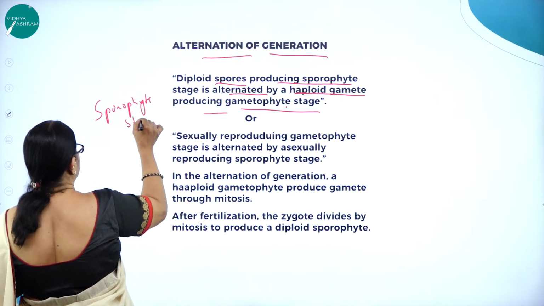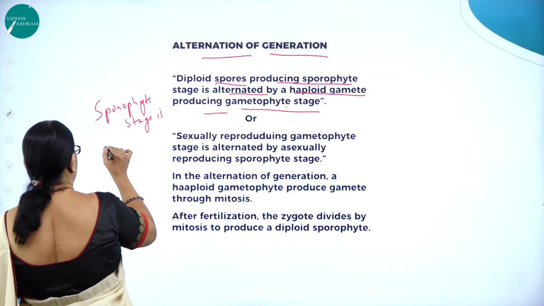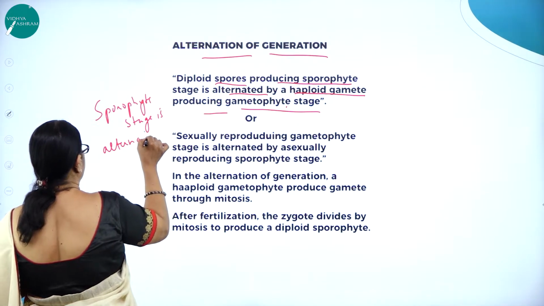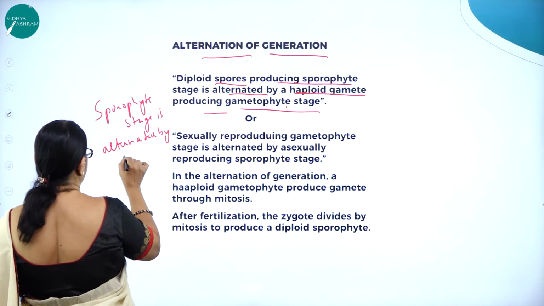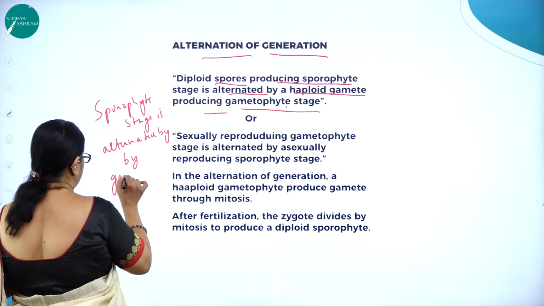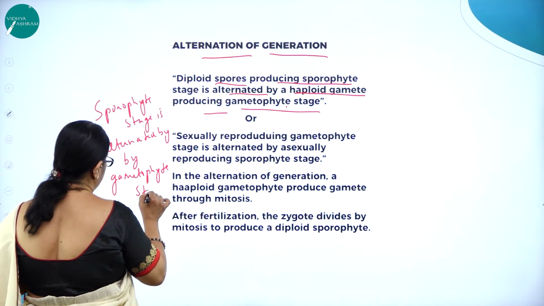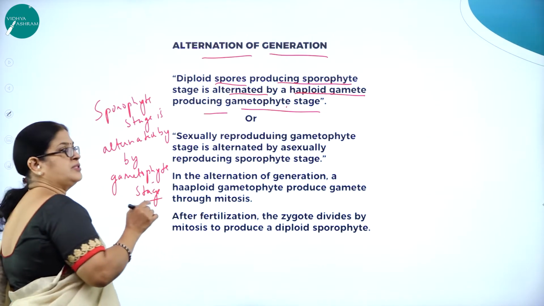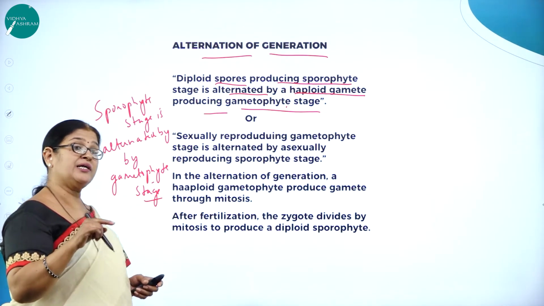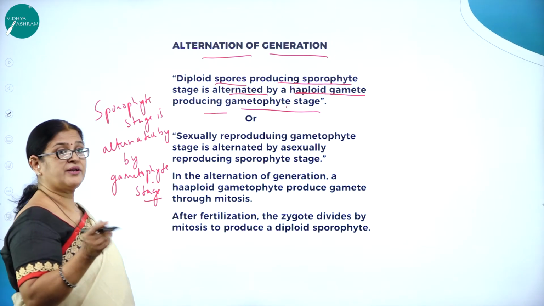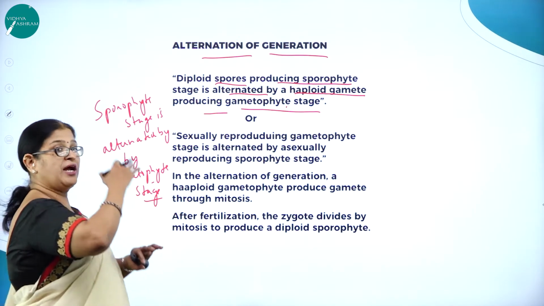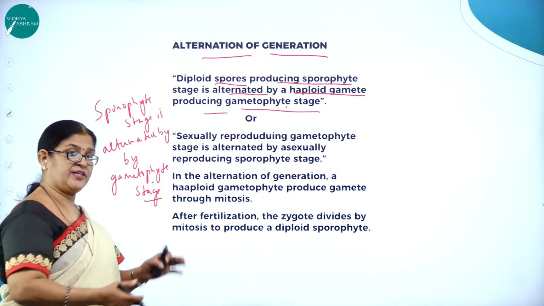Sporophyte stage is alternated by the gametophyte stage. So that means alternation of generation. What do you mean by alternation of generation? One after the other, alternating one after the other.